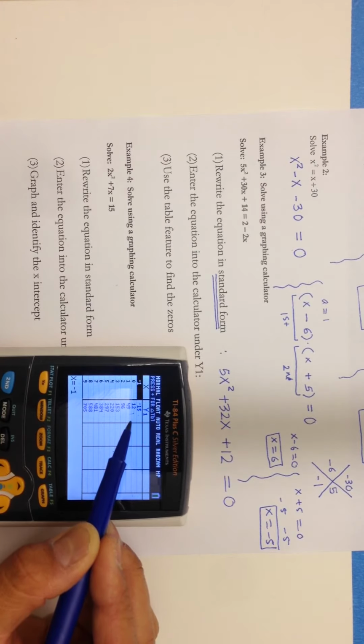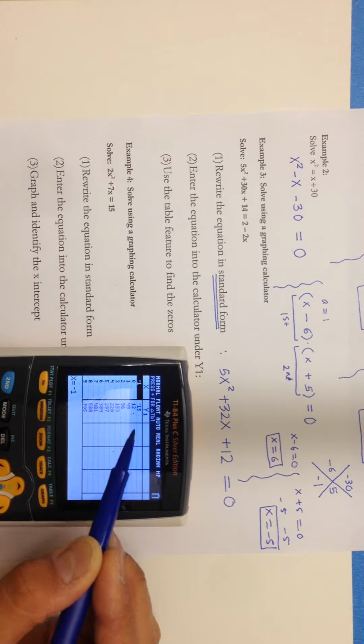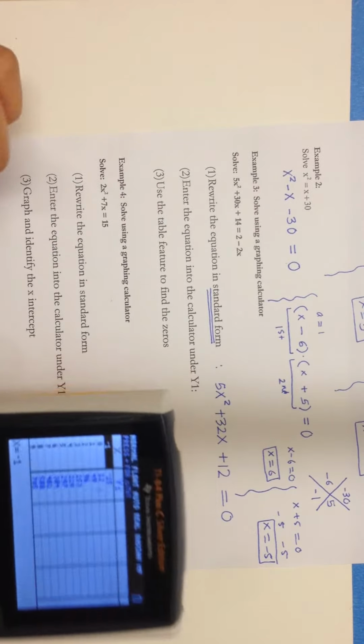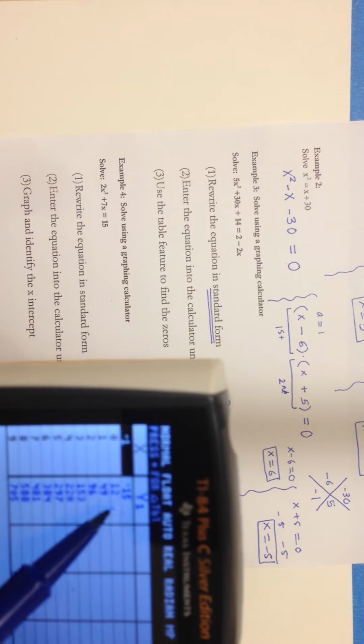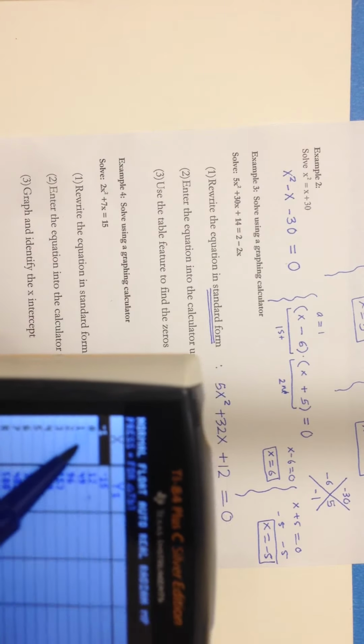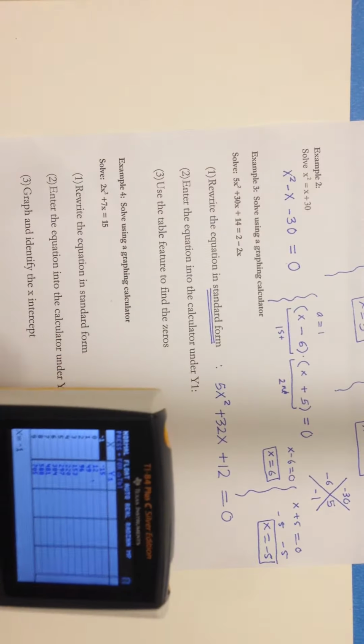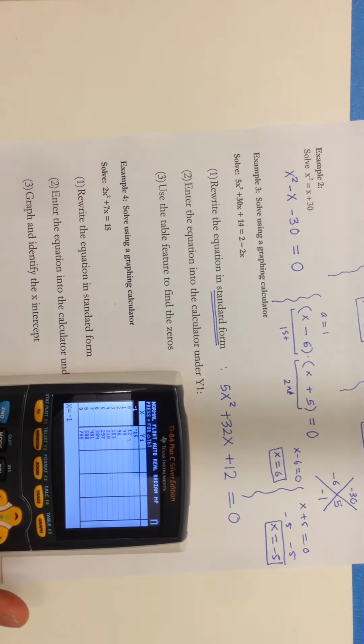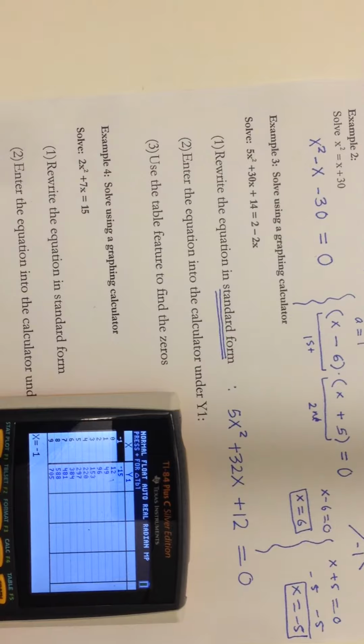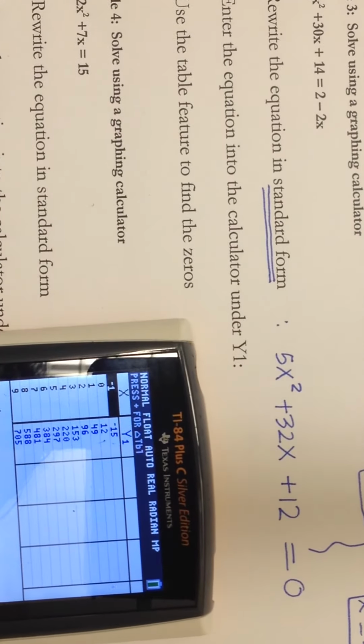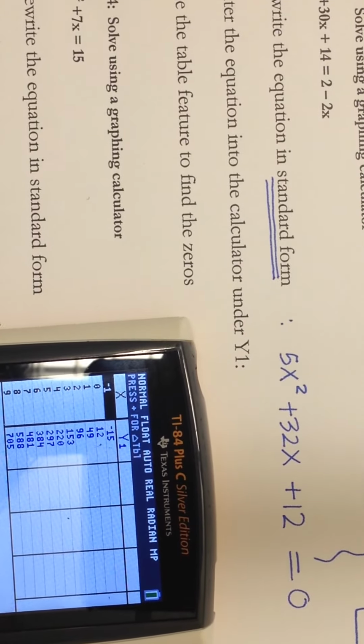Now, one interesting thing you might notice is that the y value equal to 0 would be between 0 and -1, because when we go from 0 to -1, the y value went from positive to negative.